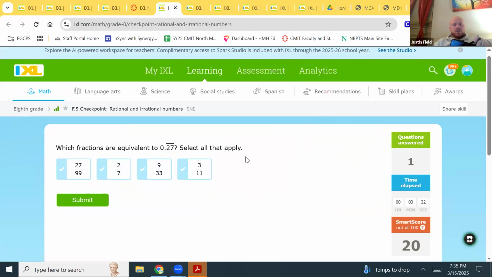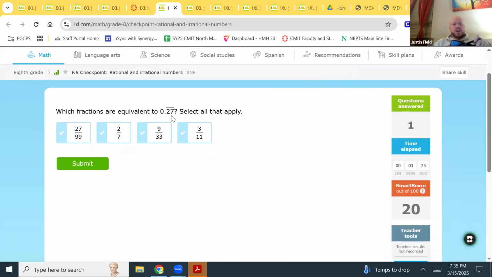Which of the fractions are equivalent to 0.27 repeating? Okay, so this was the first lesson of the year for me when I was teaching 8th grade. Don't know what you did in other classes, but two repeating digits is going to simplify to 27 over 99.